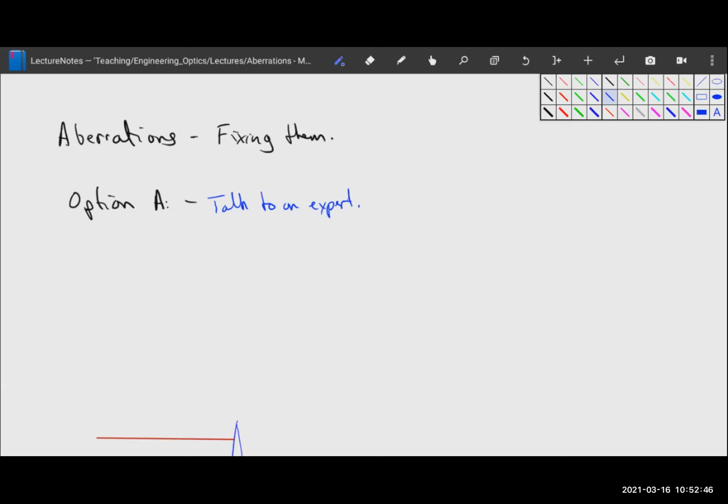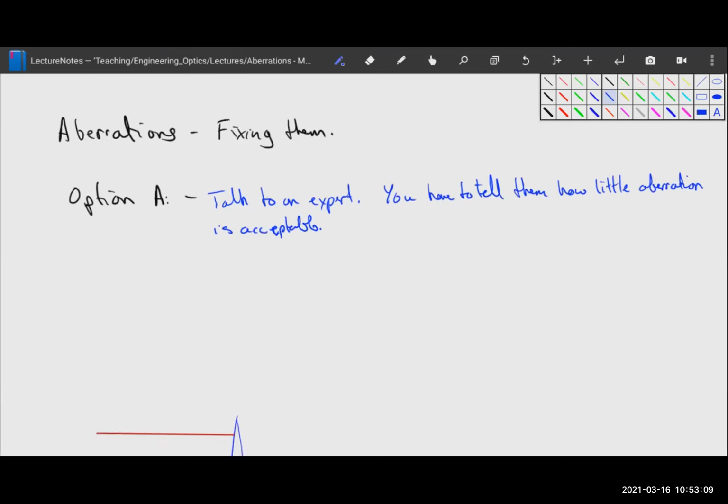And so you have to be able to talk in their language, which means you have to tell them how little aberration is acceptable, right? How little is acceptable.